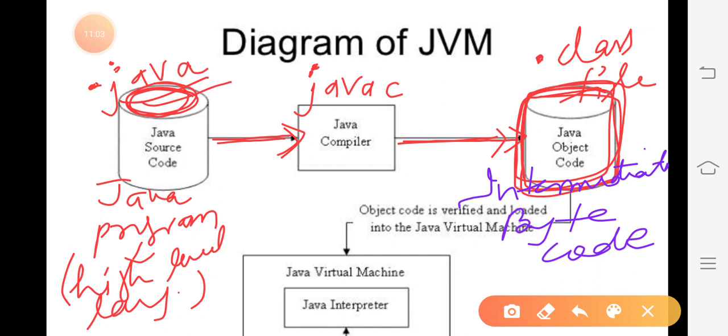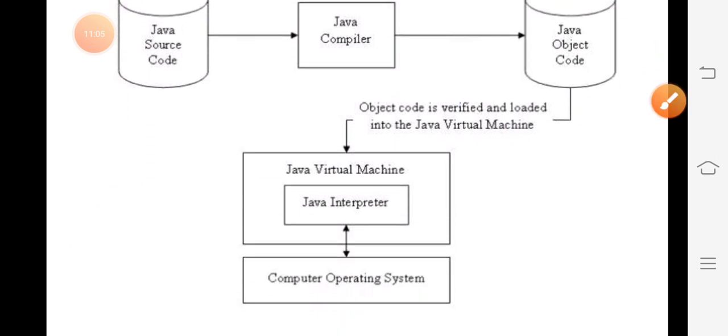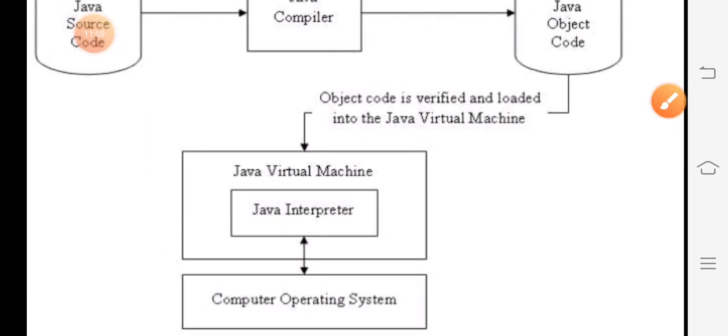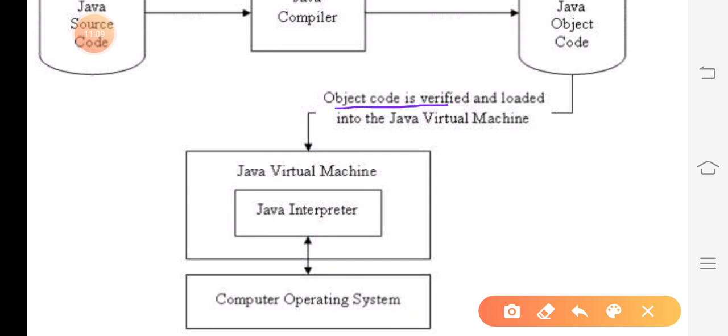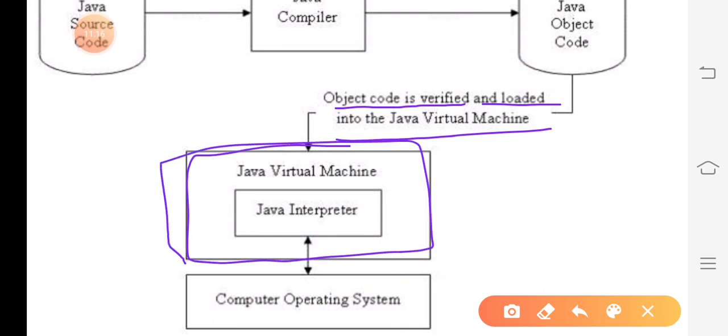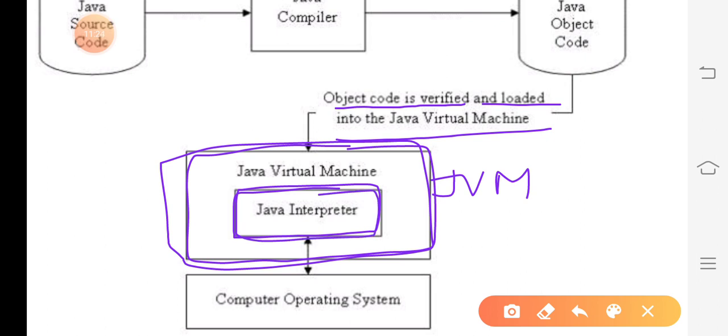Look at here, this object code is verified and loaded into the Java virtual machine. Now here we are having what, JVM. This completely is JVM, Java virtual machine, right. Inside this JVM we are having what, Java interpreter. In this we are having Java interpreter. Here we are using what, compiler, and here we are using interpreter.